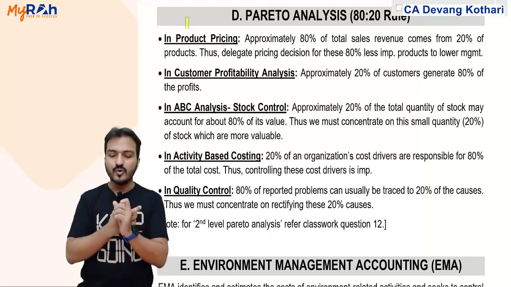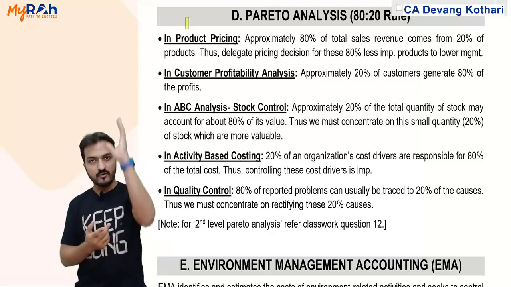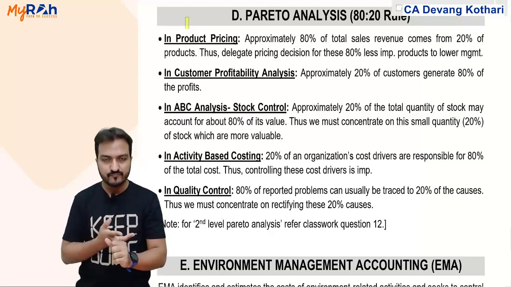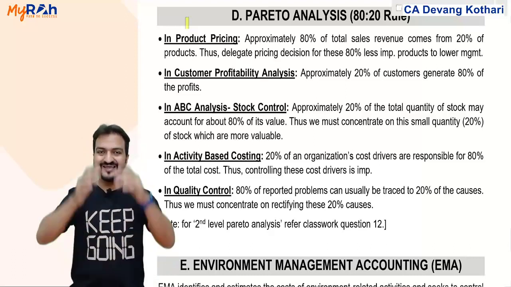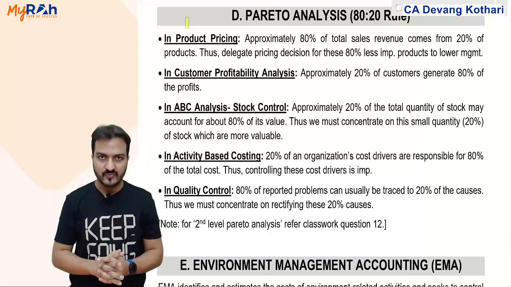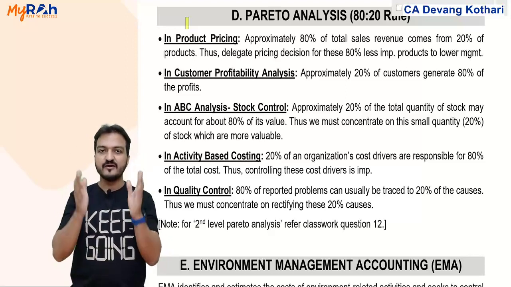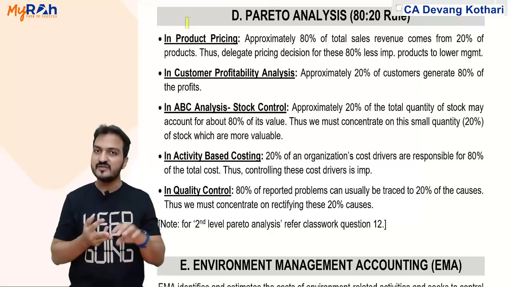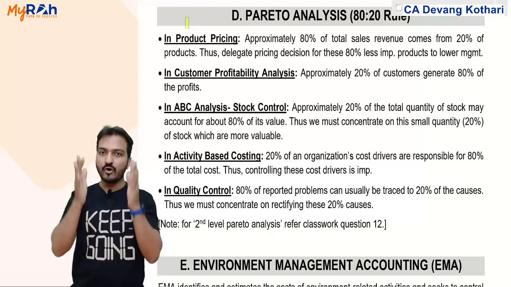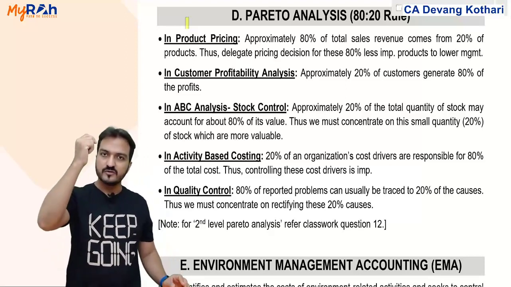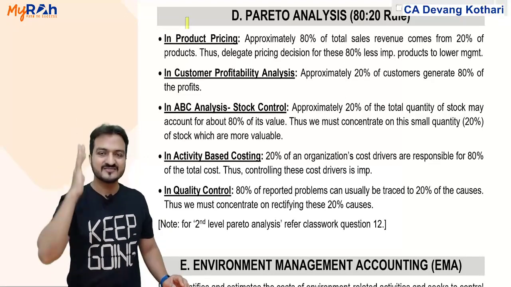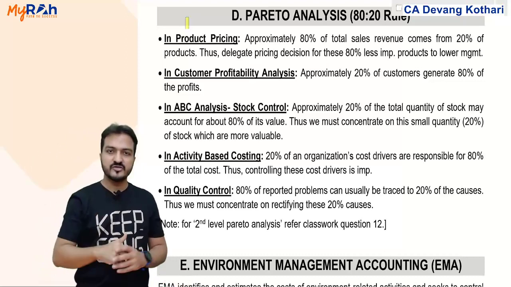Step 1, you identify sales value of all products given. Step 2, you arrange the products in decreasing order of sales value. Arrange them in reducing order of sales value. Then step 3, in that order, start from the top, the item having highest sales value, find percentage of that.